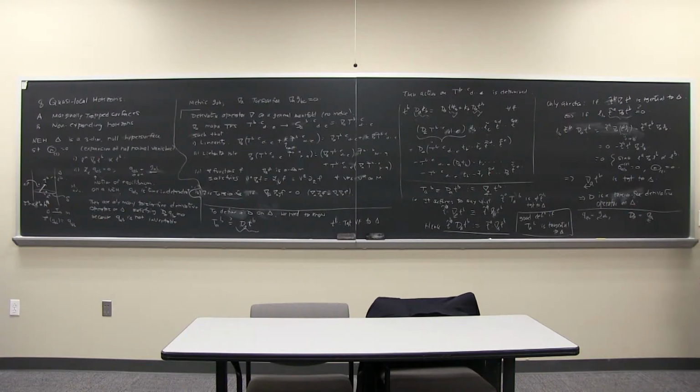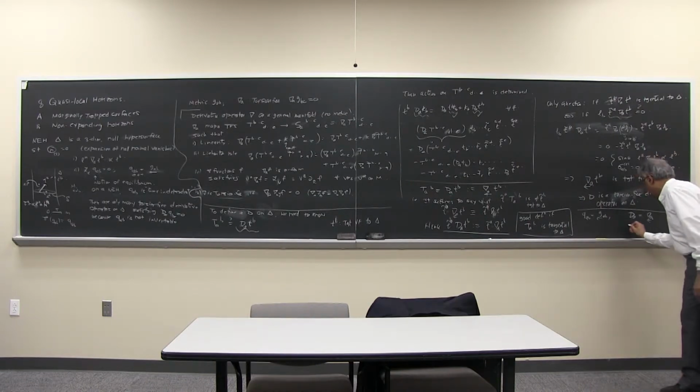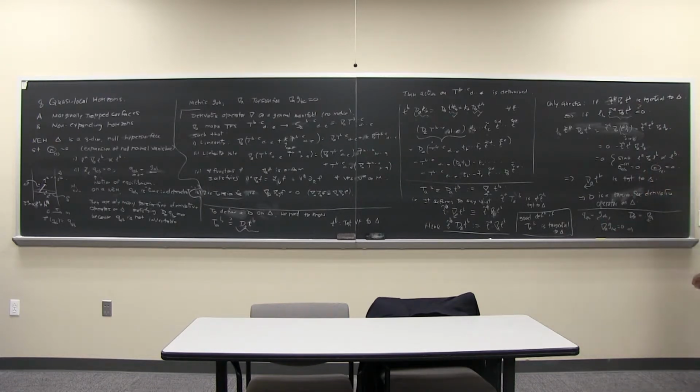It's just a pullback of the derivative operator. Now, since we knew that grad A of GBC equals 0, if I just pull back this equation, that implies grad A of GBC equals 0, and that is equivalent to saying DA of QBC equals 0.